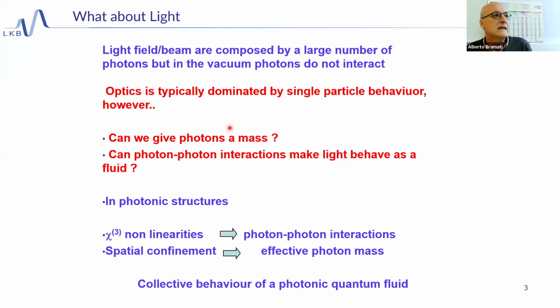The second point, to attribute an effective mass to photons, is to use the spatial confinement of the photon. We will see that by confining photons in a cavity, or just using the paraxial approximation, the fact that a laser beam has a Gaussian shape in the transverse profile, it is possible to attribute an effective mass to a photon.